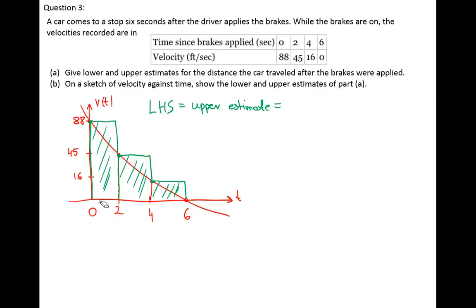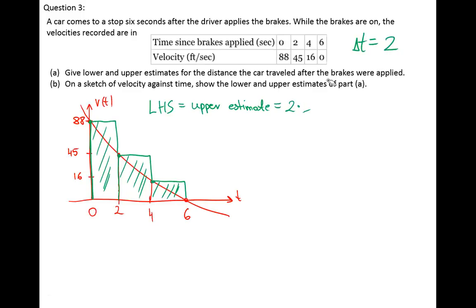Okay, and just simply the area. We do have the first rectangle. We can actually see the delta t is 2 because we're changing the time by 2: 2 seconds, 4 seconds, 6 seconds. That means delta t is 2, and we have 2 times the value of the function.